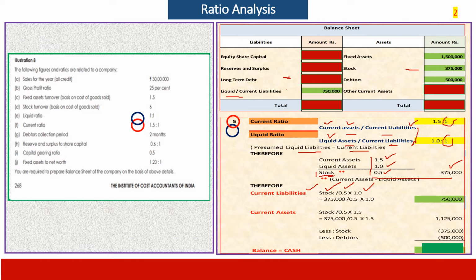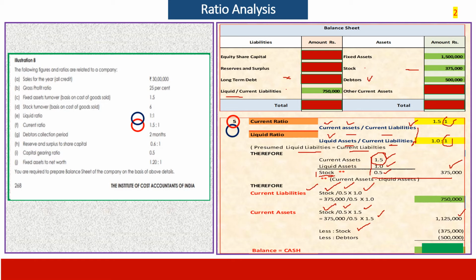Then take current assets. Current assets means stock is 0.5. What is current assets? Current assets is 1.5. How much is 1.5? 3,75,000 divided by 0.5 into 1.5 is equal to 11,25,000. But in current assets, we already have stock. We already have debtors.